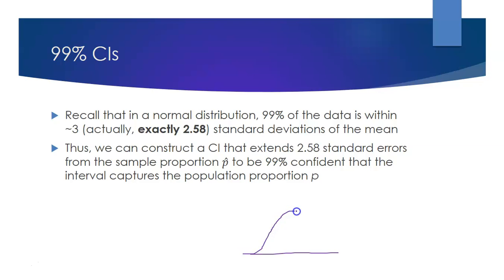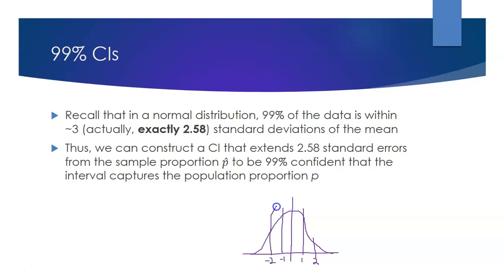approximately, let me just draw this out. So remember, in our empirical rule, 1 standard deviation below and 1 standard deviation above the mean contains 68% of our data. 2 standard deviations below and 2 standard deviations above the mean contain about 95% of our data.